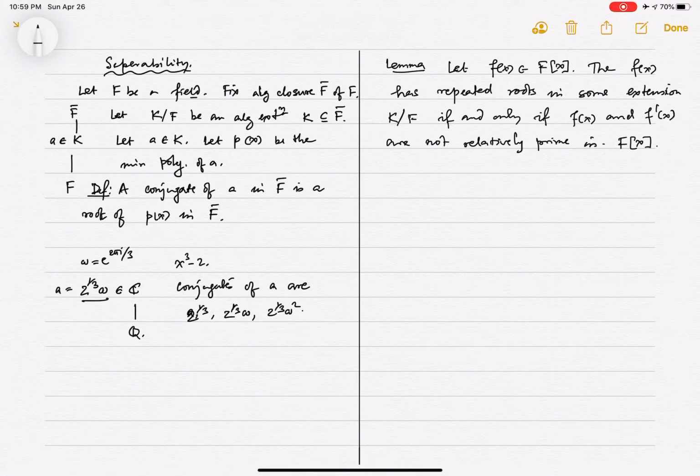So if you have a minimal polynomial that is of degree d, then this guy can have at most d conjugates. So A has at most d, equal to the degree of P, many conjugates.